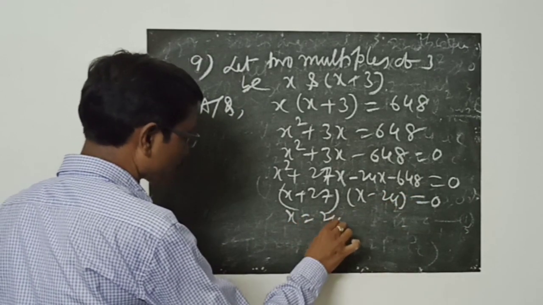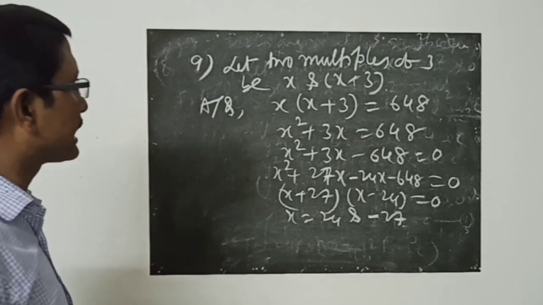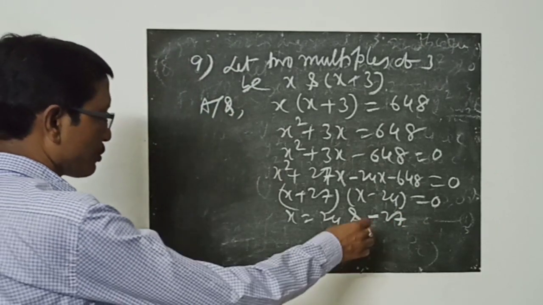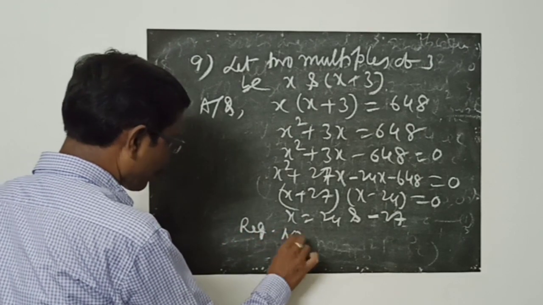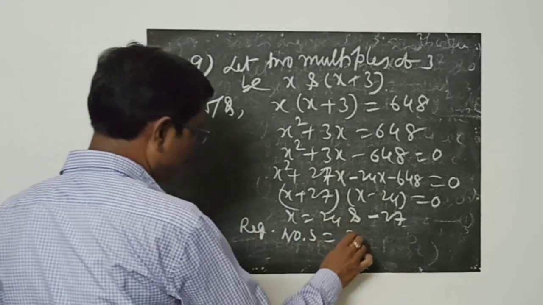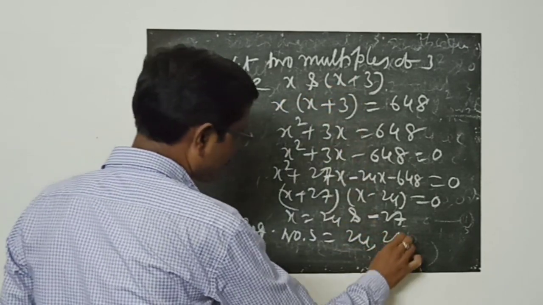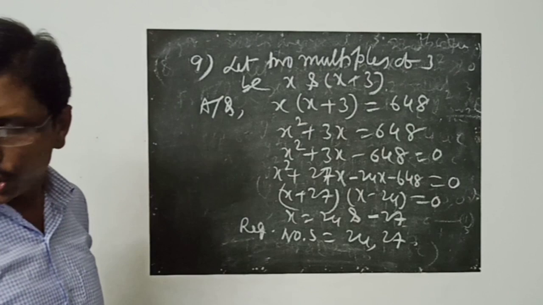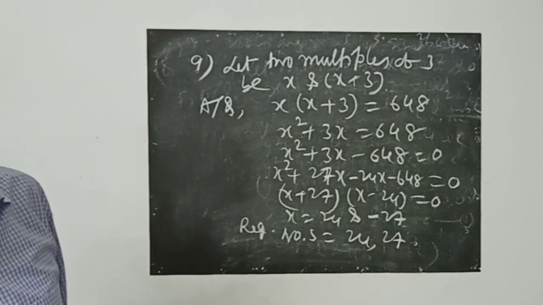So ultimately x equal to 24 and minus 27. We will not take the negative one here. That multiple will not be taken. Therefore the required multiples of 3 will be x equal to 24 and the next one will be 27.